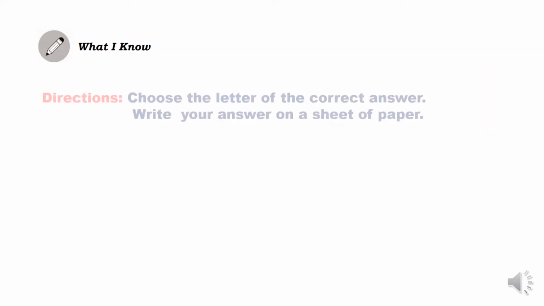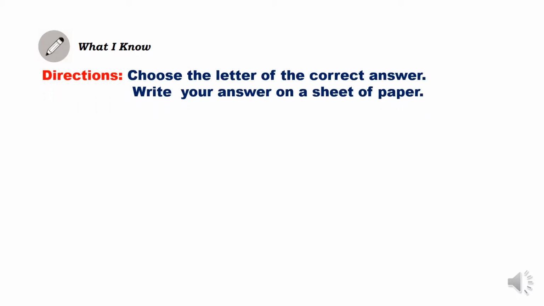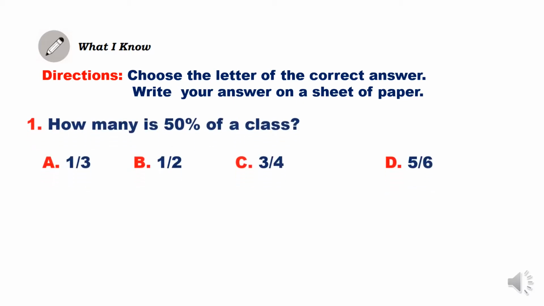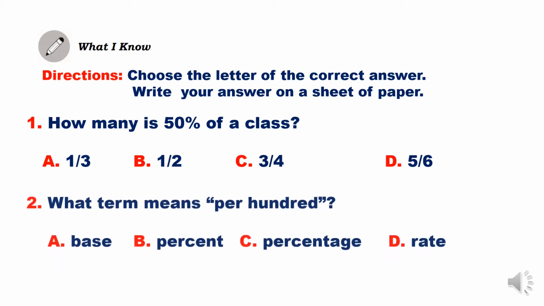What I know. Directions: Choose the letter of the correct answer. Write your answer on a sheet of paper. 1. How many is 50% of a class? A. 1/3, B. 1/2, C. 3/4, D. 5/6. 2.